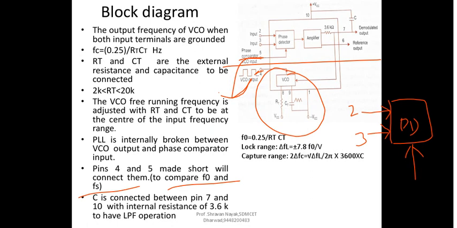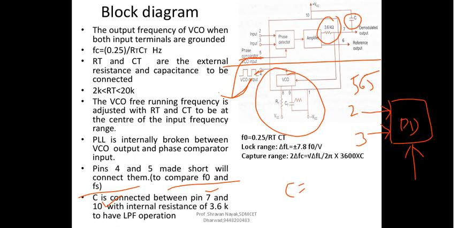Now the capacitor C is connected between pin number 7 and pin number 10, with an internal resistance of 3.6K. This is not going to be changed as long as you use IC 565, so this resistance will always have the value of 3.6K. The capacitor C is an external capacitor again, and you can choose any value of capacitance, 0.10 microfarad or 0.01 microfarad, as per the requirement.